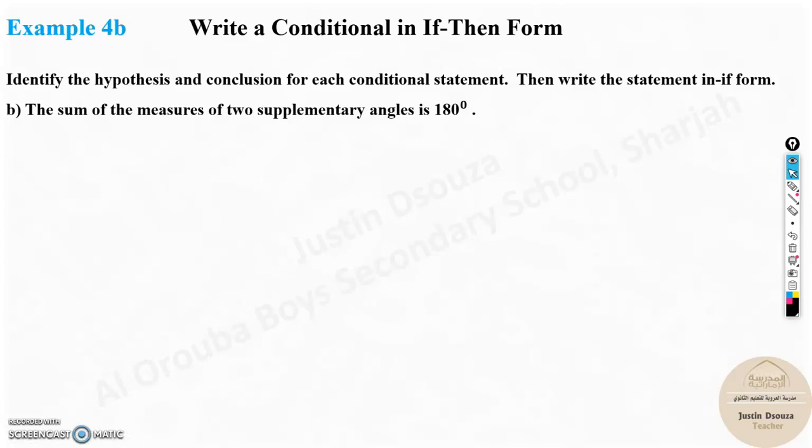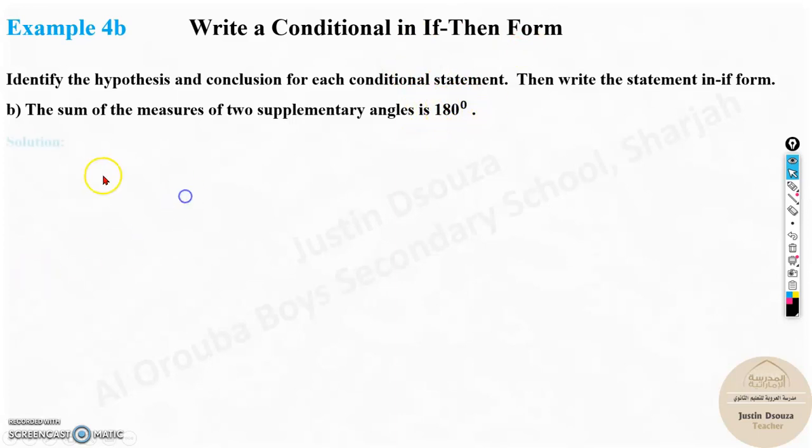I hope you tried solving it by yourself. Now let us see over here. Identify the hypothesis and conclusion. The same question now: the sum of the measures of two supplementary angles is 180 degrees. Now looking at the statement, you can say 180 degrees will be the final conclusion.